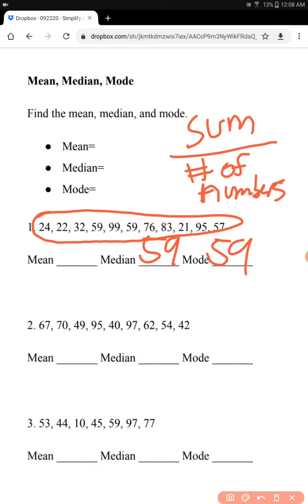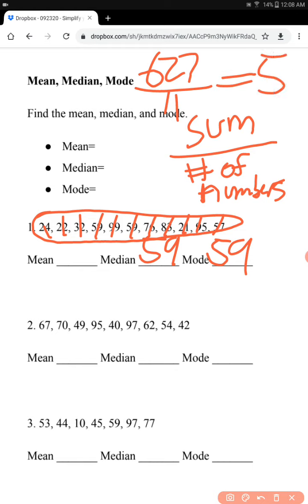Just to save time, I already calculated this beforehand. The sum of all these numbers would be 627. And then there are 1, 2, 3, 4, 5, 6, 7, 8, 9, 10, 11, so divided by 11. That equals 57. So our mean would be 57.